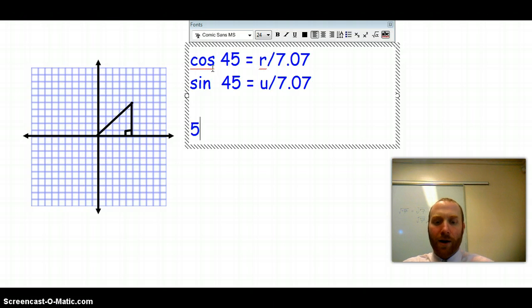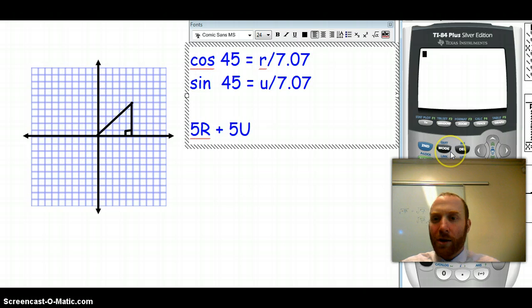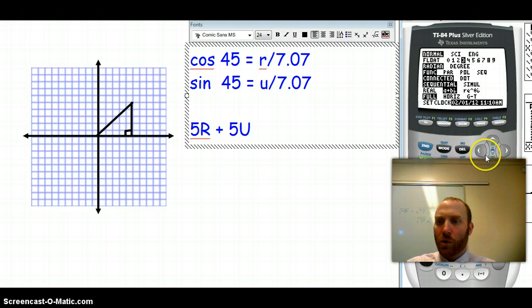And I came up here with 5r plus 5u. We can confirm that from the graphing calculator. The cosine of 45 degrees is being rounded this very moment, which it shouldn't be, and is also in the wrong mode, so we'll change that.